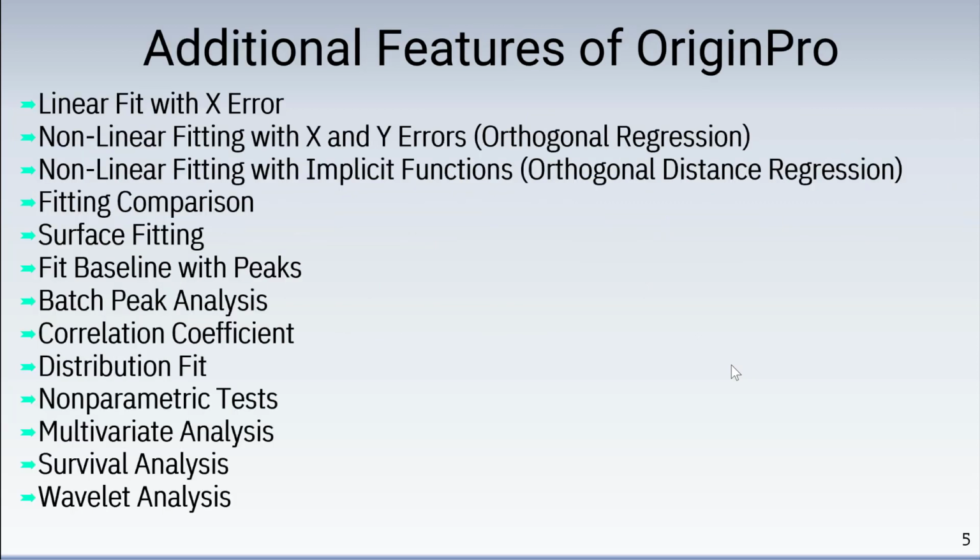As mentioned earlier, OriginLab offers two different versions of Origin Graphing Analysis software, that is Origin and OriginPro. There are various additional features present in OriginPro, such as linear fit with X error, non-linear fitting with implicit functions and with X and Y errors, surface fitting, fit baseline with peaks, batch peak analysis, distribution fit, multivariate analysis, wavelet analysis, survival analysis, etc. Apart from these features, OriginPro has all the features contained in the Origin version.